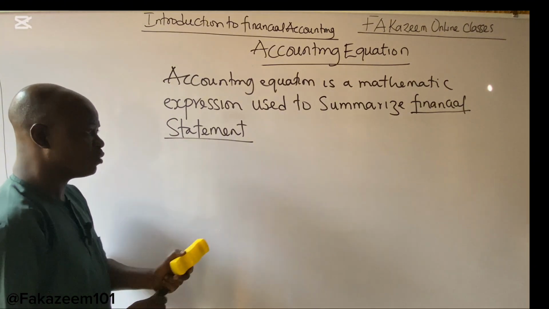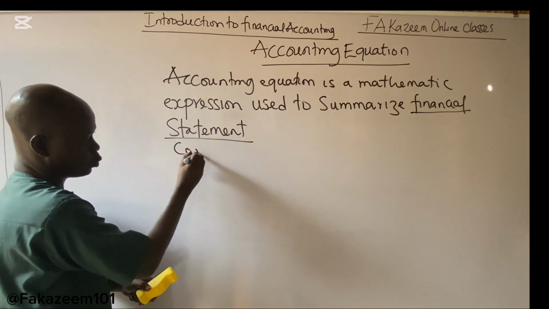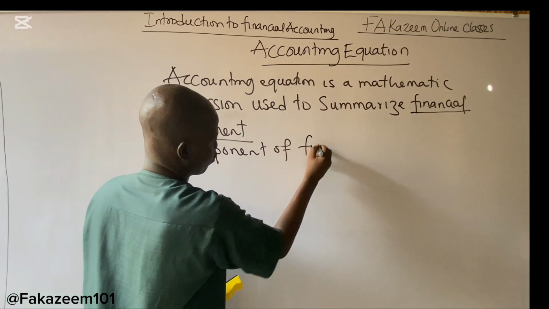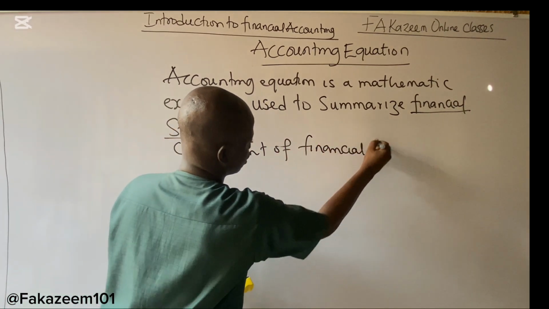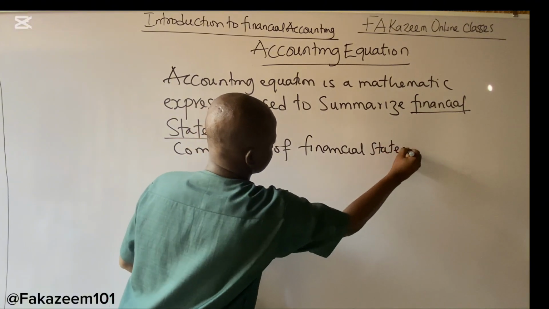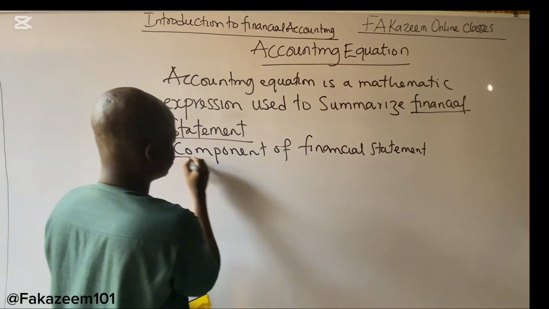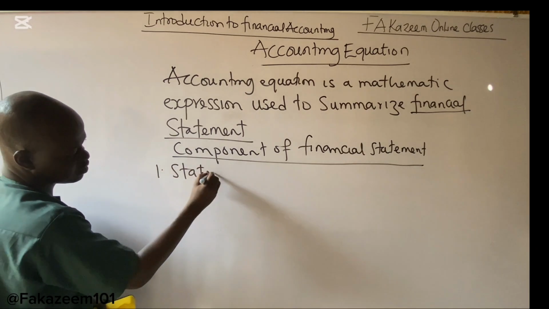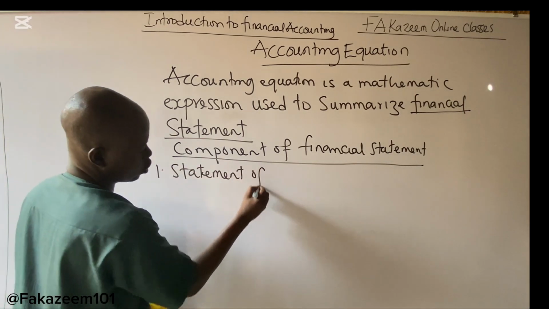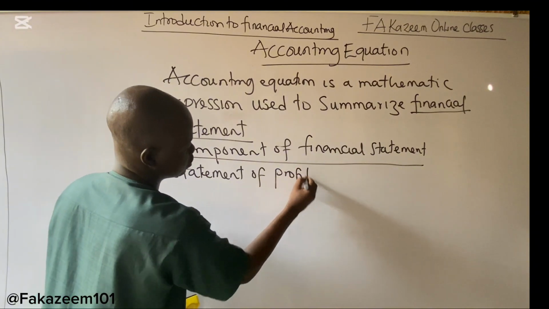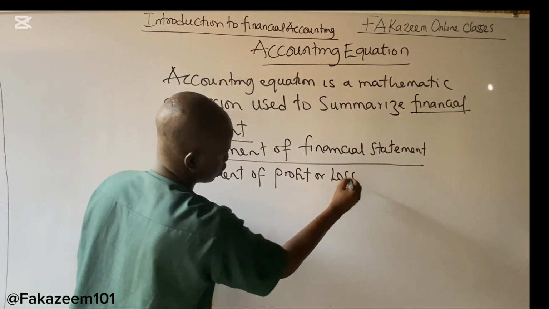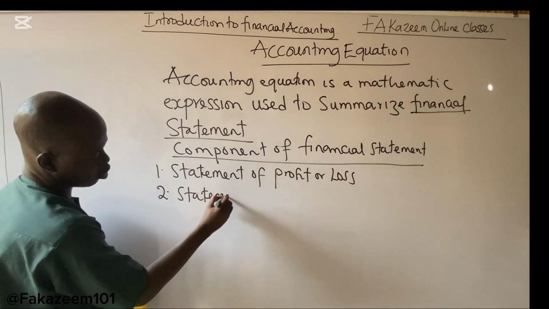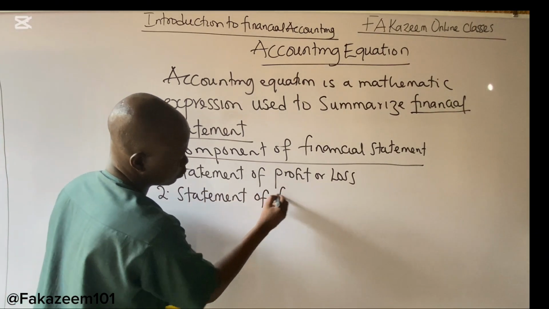What are the components of this financial statement? We have components of financial statement. Now, these components include one, statement of profit or loss. Two, statement of financial position.